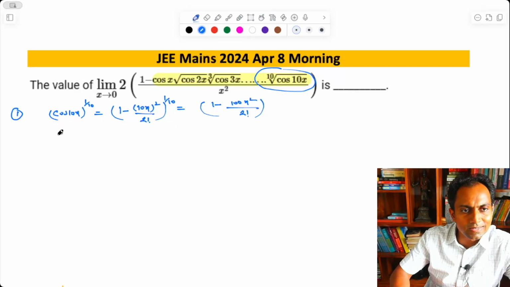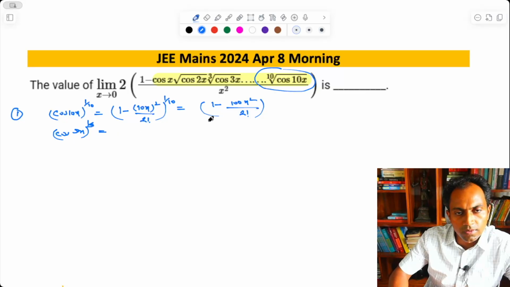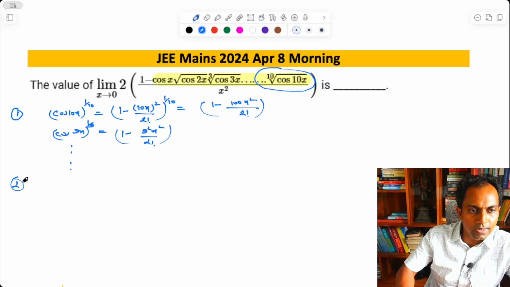So like this, if I do it for cos 9x, it will come raised to the power 1 by 9. Fast forward the whole process, this will become 9 square x square by 2 factorial. And like this I can keep writing for all the terms. If I write it and then substitute, let us see what do I get. Let's first do the calculation, then substitute.